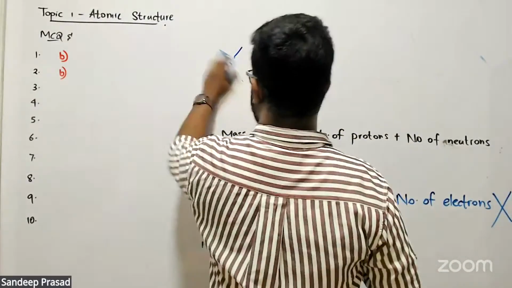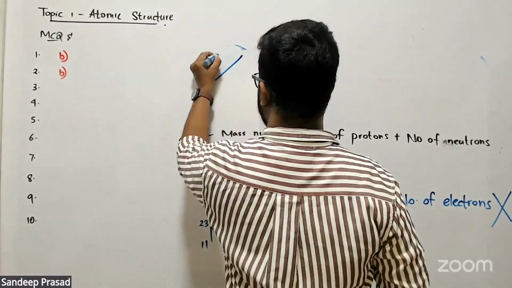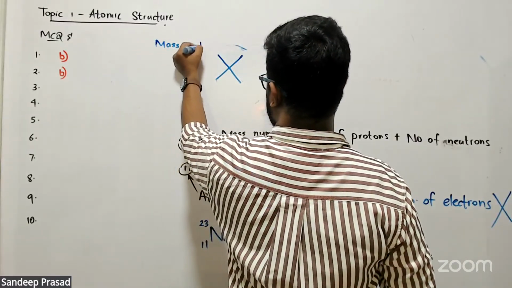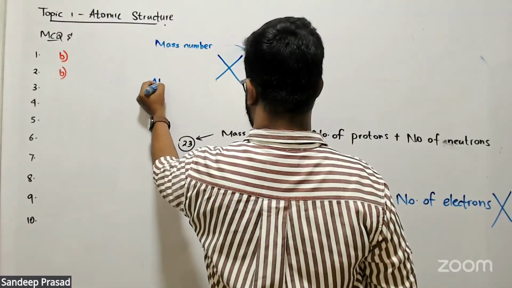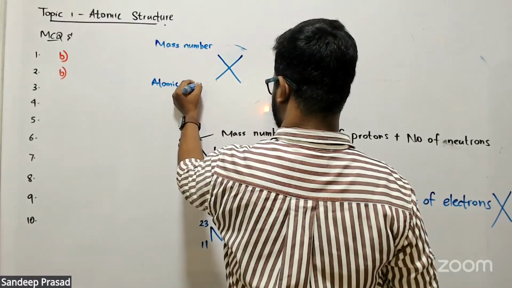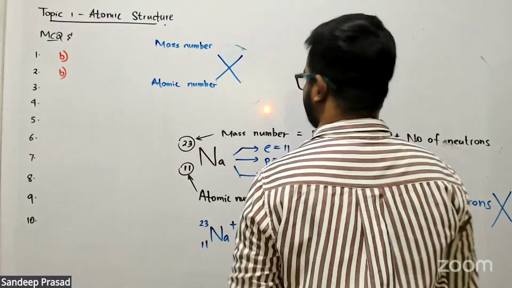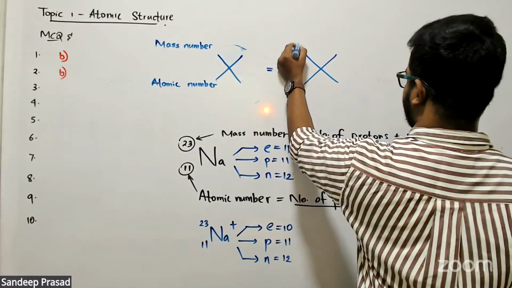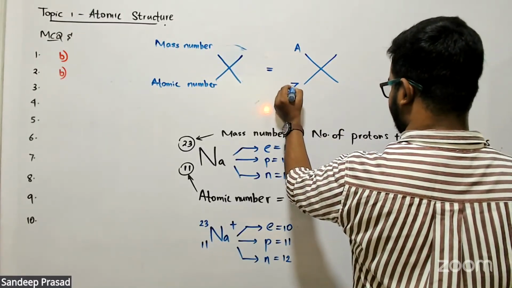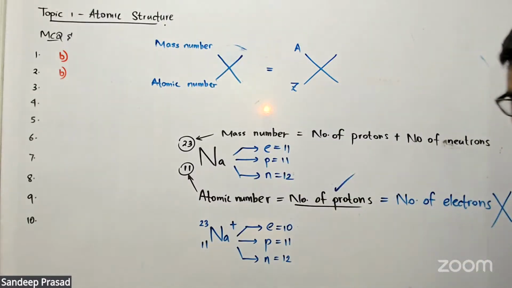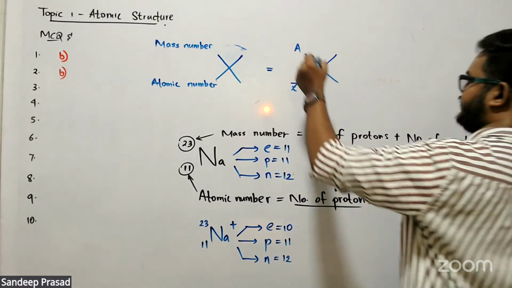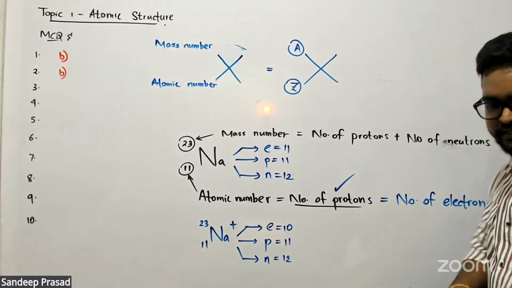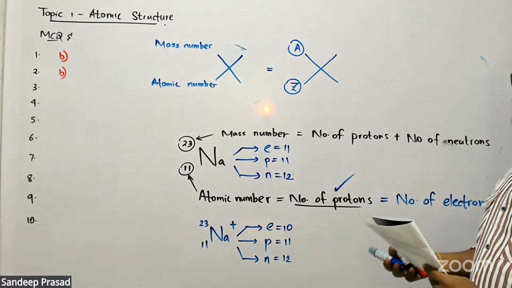X. So here we have the mass number, and here we have the atomic number. Understood? For the mass number, we are giving a symbol like capital A. For the atomic number, we are giving a symbol like Z. So you have to know about that one also.